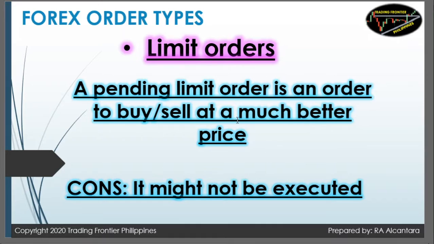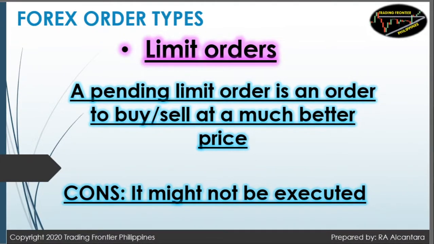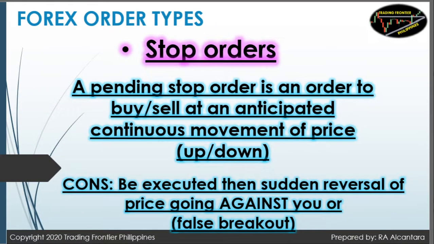The advantage, of course, is a much better price. However, the con is that the level you have placed your limit orders at might not be hit during that time. So again, there are always pros and cons in every order, right?